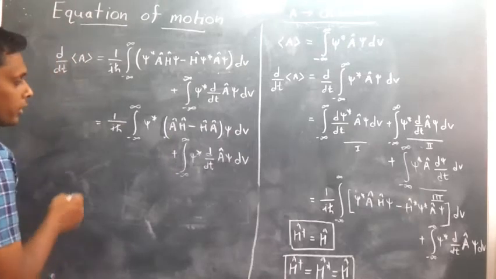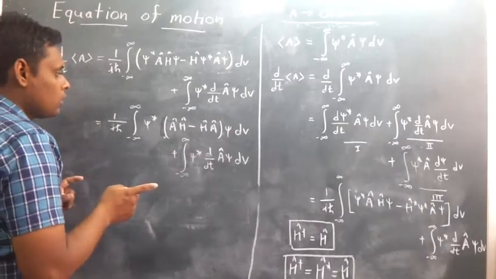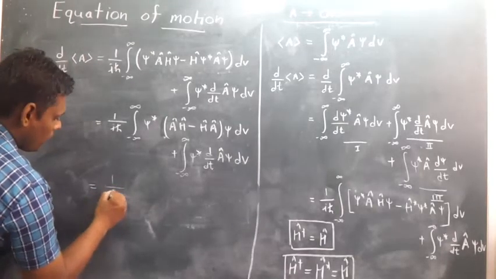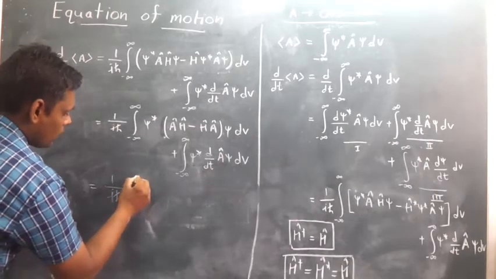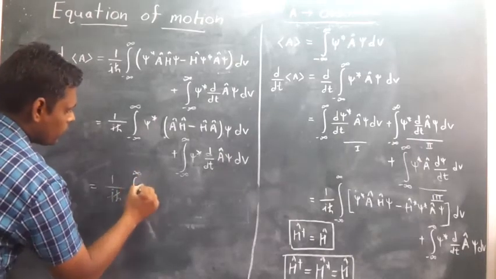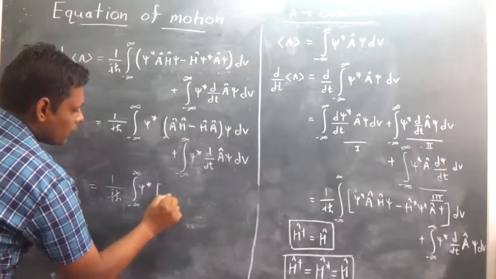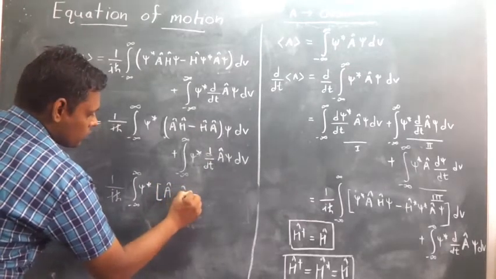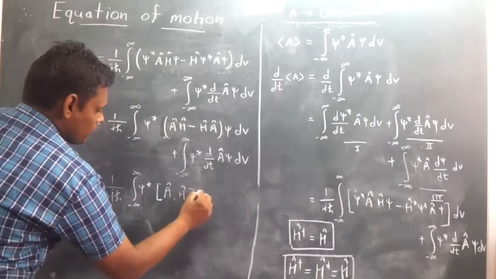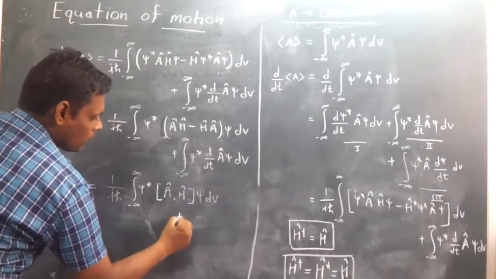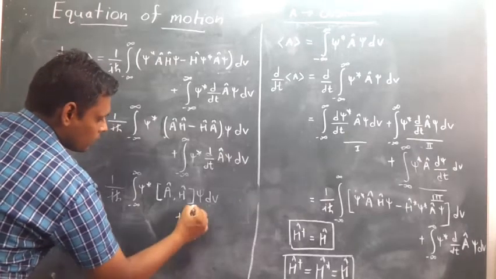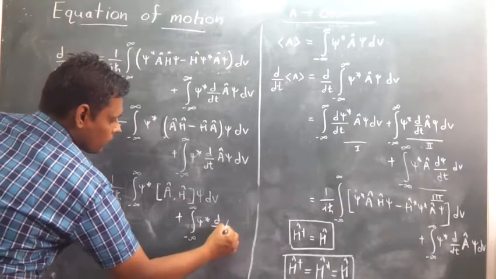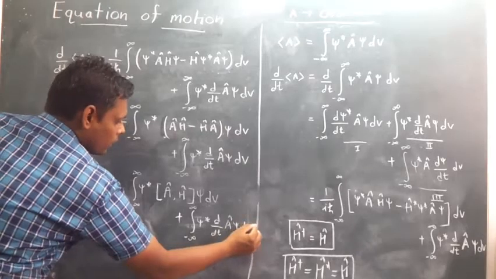If you write it as a commutator, you get 1 upon i h cross, integral from minus infinity to plus infinity of psi star, the commutator of A and H cap, psi dV, plus psi star, d upon dt of A cap, psi dV.